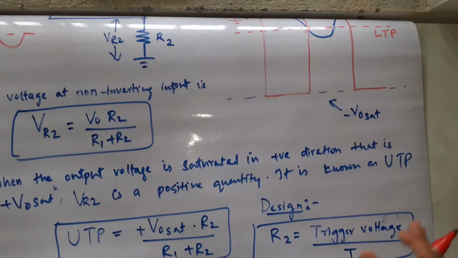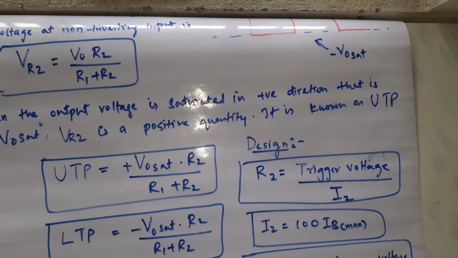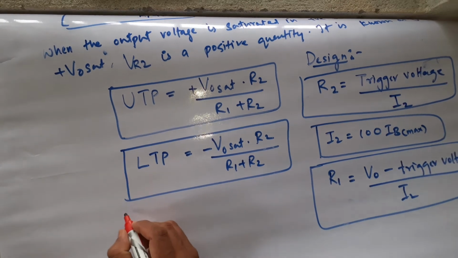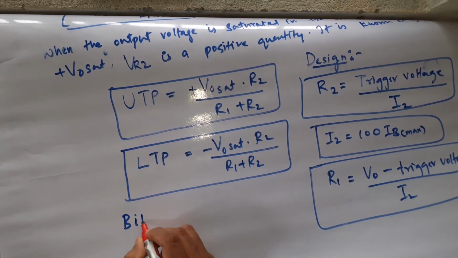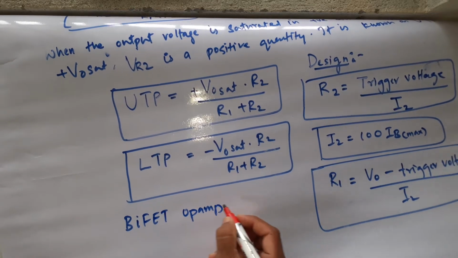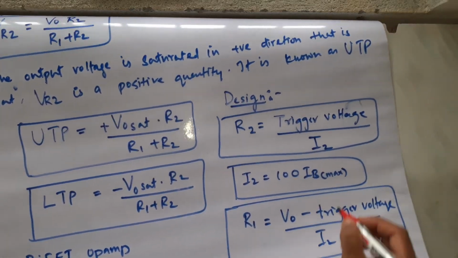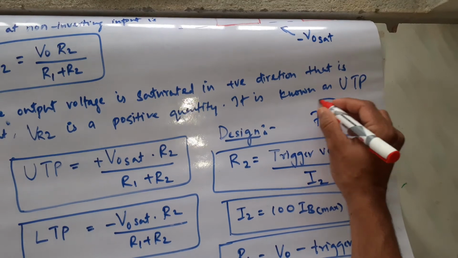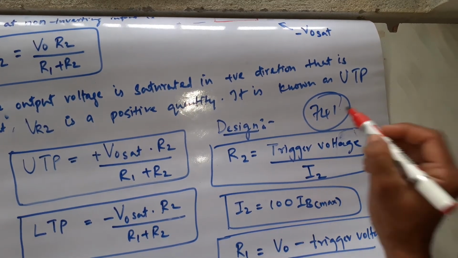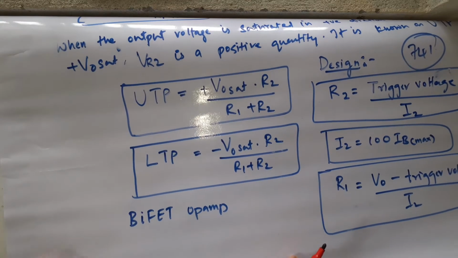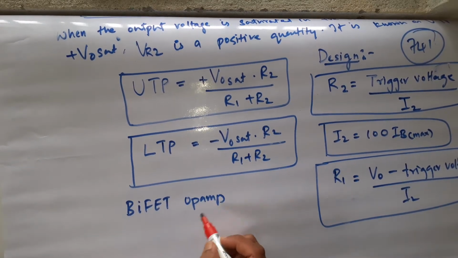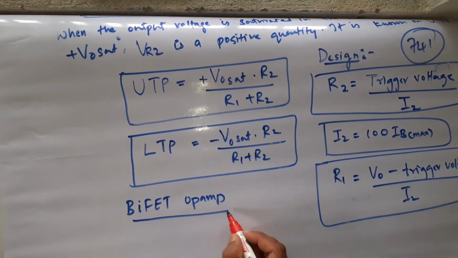Now, if you are using a BiFET op amp, see, all this design is when you are using 741 op amp. Most of the time you will be using 741 op amp only. Very rarely you may get a question to solve by using a BiFET op amp.